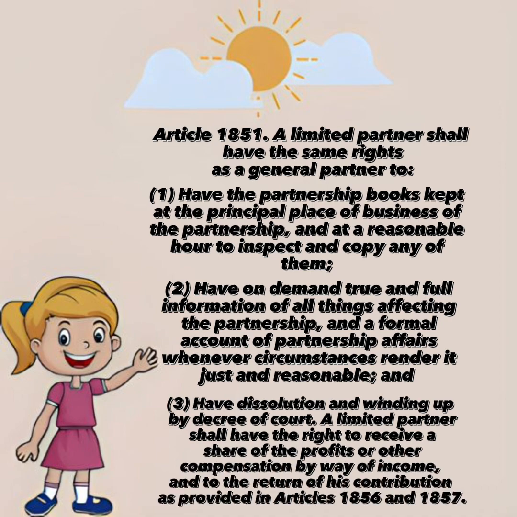Have dissolution and winding up by decree of court. A limited partner shall have the right to receive a share of the profits or other compensation by way of income, and to the return of his contribution as provided in Articles 1856 and 1857.